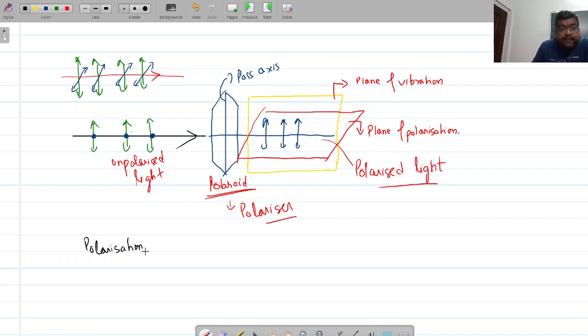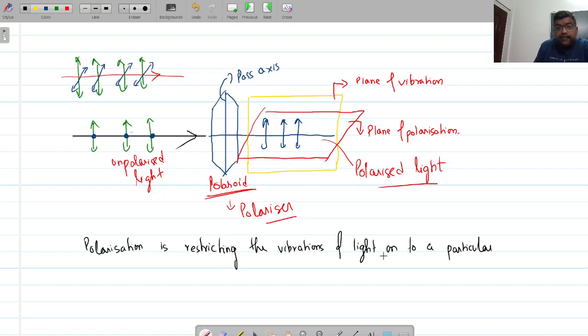Polarization is restricting the vibrations of light onto a particular plane.